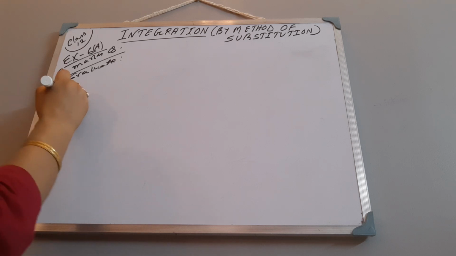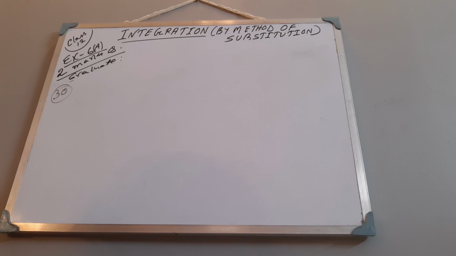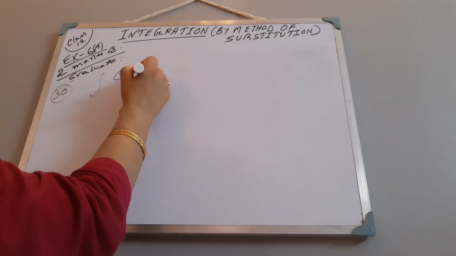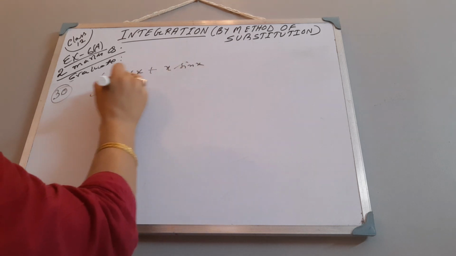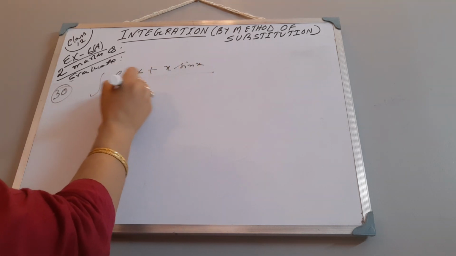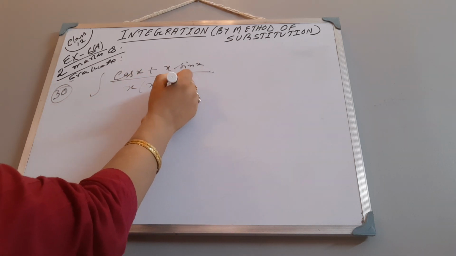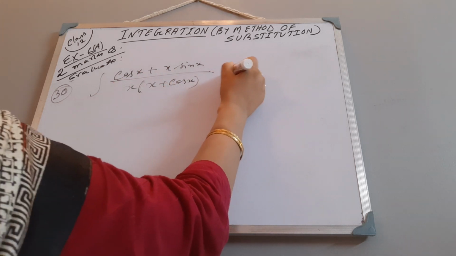Sum number 30, this is the last sum for 2 marks questions. Integral cos x plus x sin x whole divided by x into x plus cos x dx.